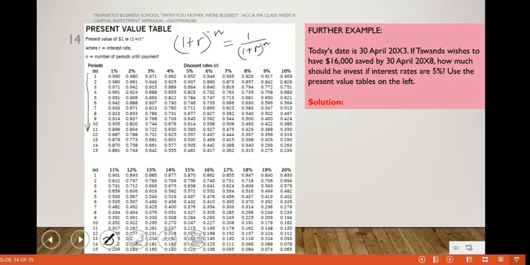So we go to the tables, we locate 20%. That's the 20% column, and our n is 3. Where they intersect, you can see that our factor should be 0.579.